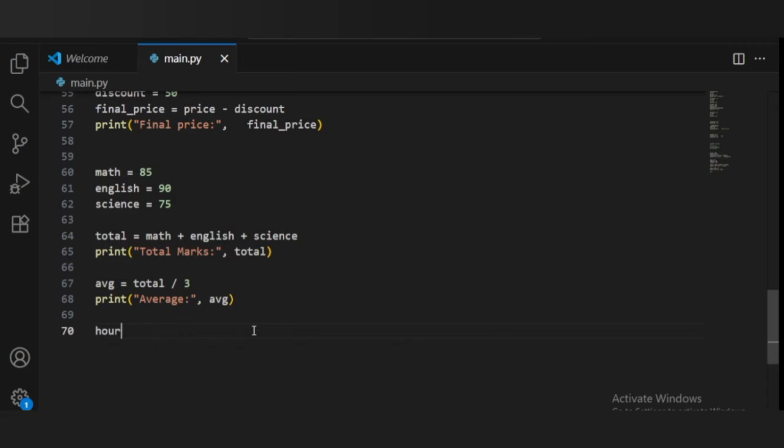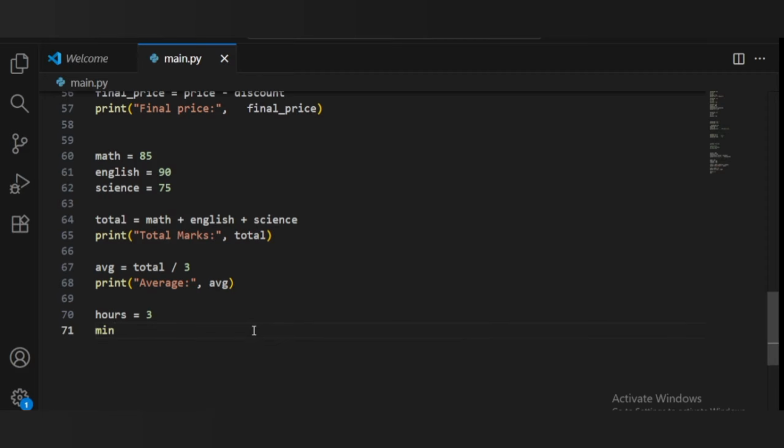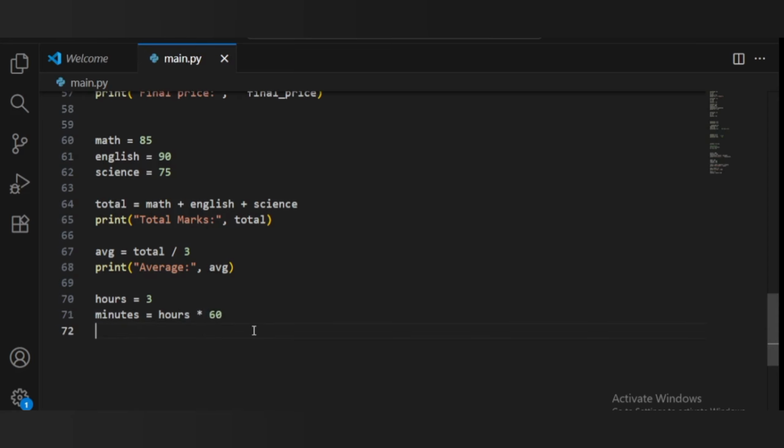Hours is equal to 3, minutes is equal to hours times 60, and print minutes.